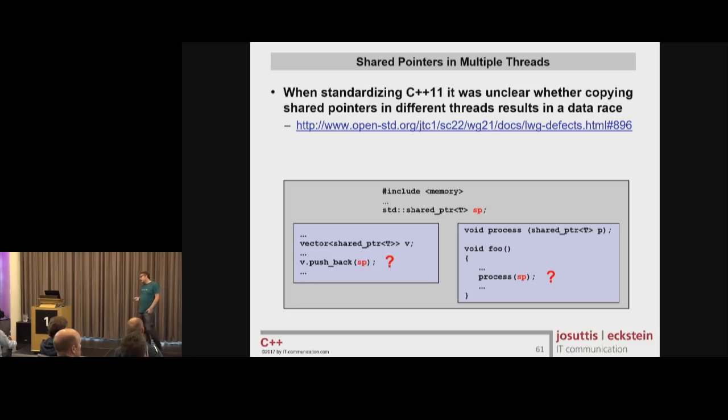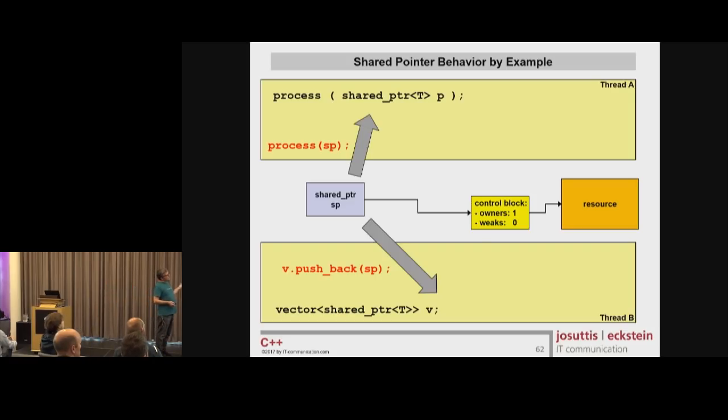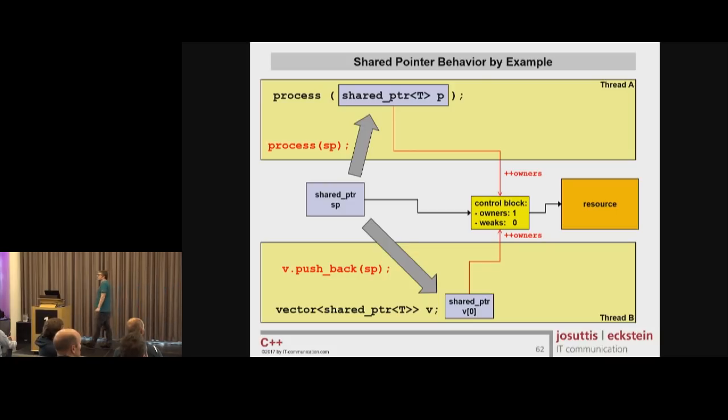And the thread on the right passes it by value to a function, which also means we copy the shared pointer. So the problem we run into is the following. We have an object owning a resource, and now at the same time 2 threads try to copy this shared pointer, which means at the same time they want to increase the ownership of this pointer. That's not good.